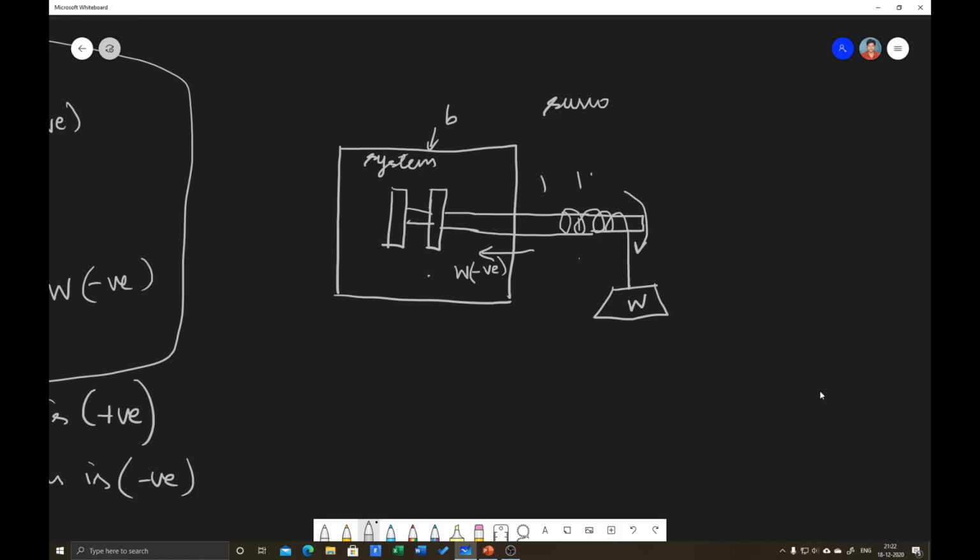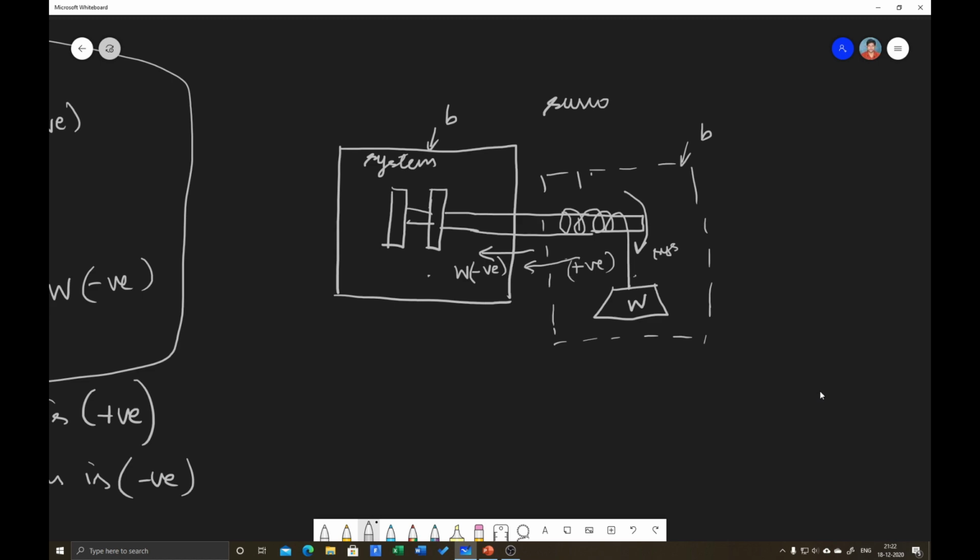Say if you assume this shaft and this weight as a system, say this dotted line is now my system. This is the system, this is the boundary, and everything external to the system is surroundings. So here the work is transferred out of the system.